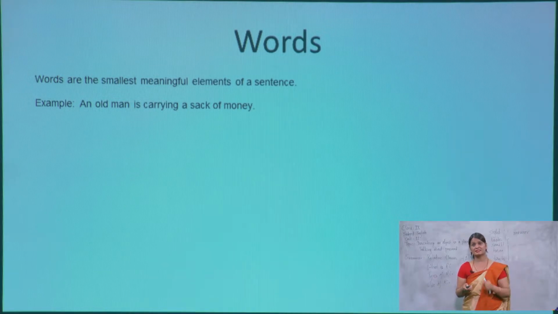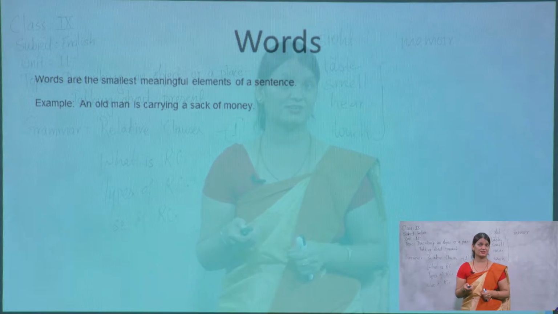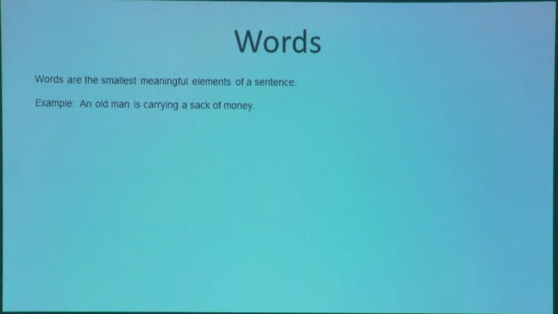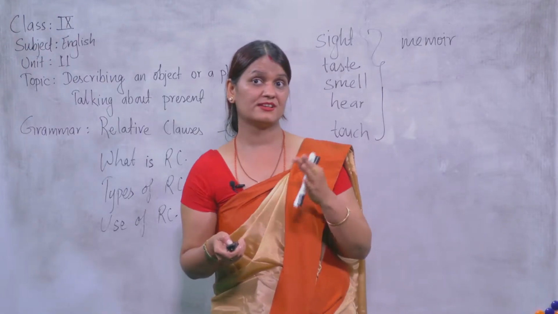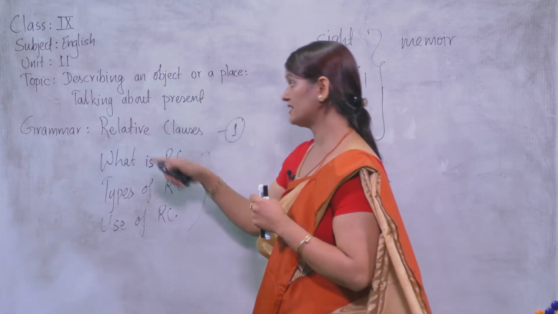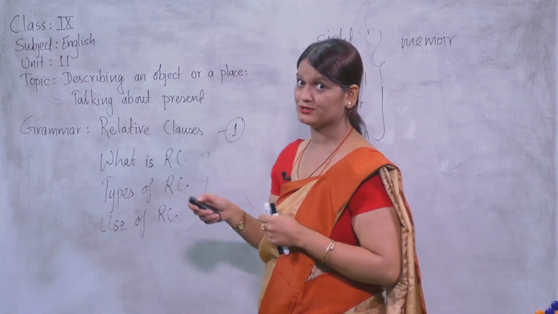So words are the smallest meaningful elements of a sentence. Sentences are made of different phrases, different clauses. So after knowing words and then phrases and clauses, you will find out what relative clauses are.